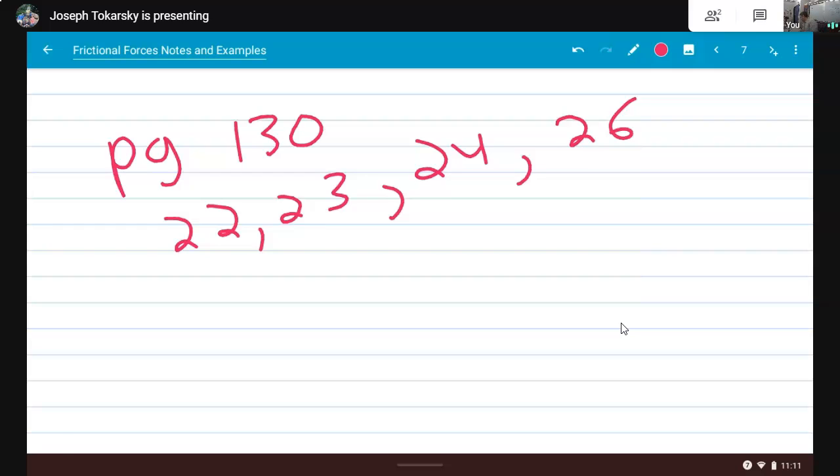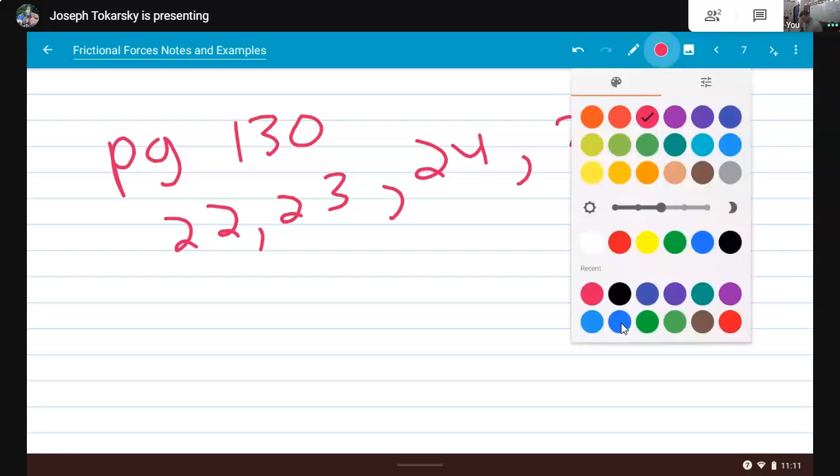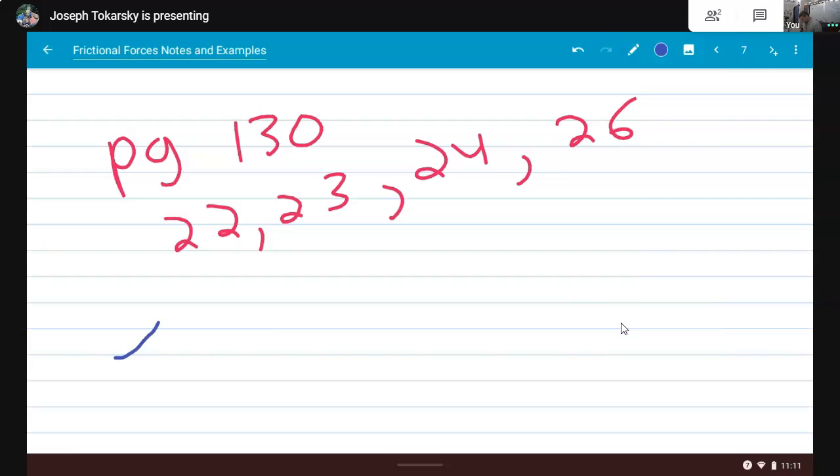Also, a more specific thing, in number 22, just so something isn't unclear, there is no applied force. This is like one of those scenarios that we just talked about, where you let something go, but it may not be very clear that that's the way it is.